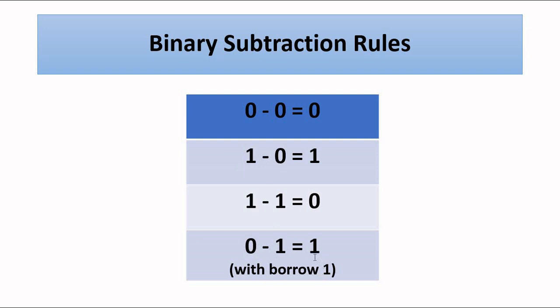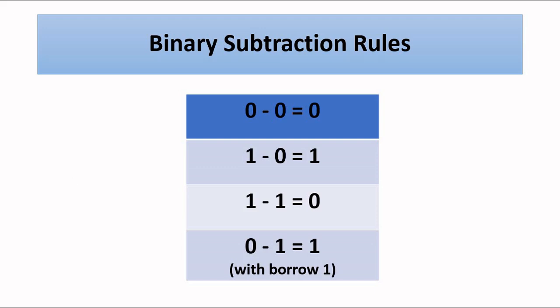Whenever there is a borrow involved, like the fourth case, where we have to borrow something for subtraction, in that case we have a borrow input, and there are 3 bits involved: the 2 bits to be subtracted and the input at the borrow side.